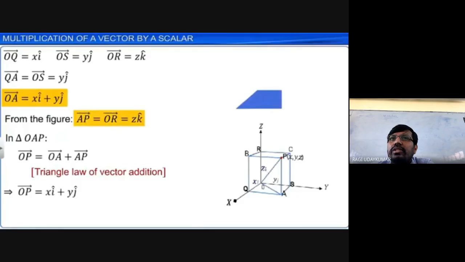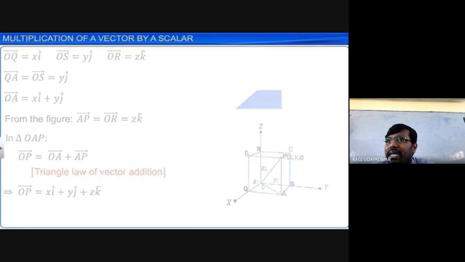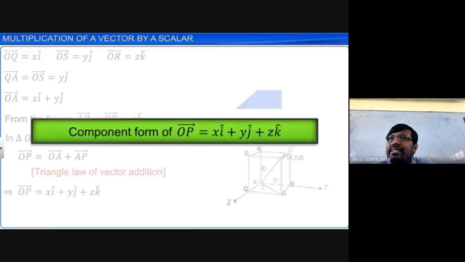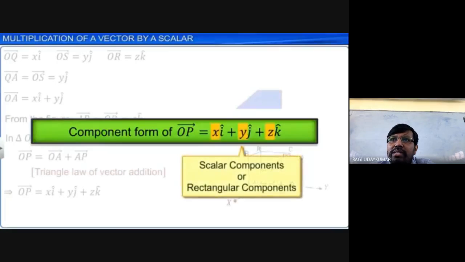Okay, OP is equal to xi plus yj plus zk. This is called the component form of the position vector, xi plus yj plus zk.